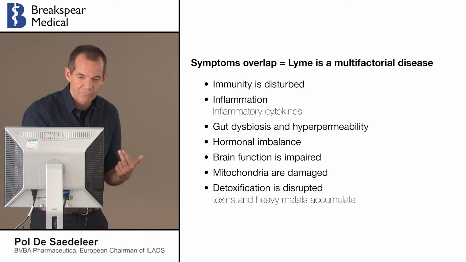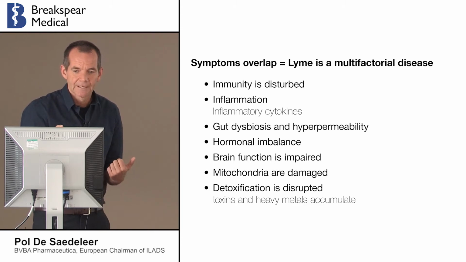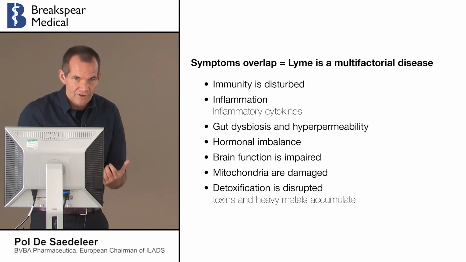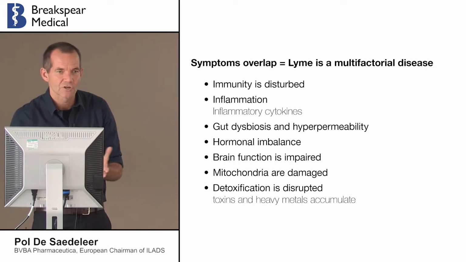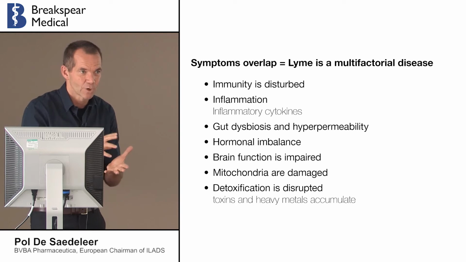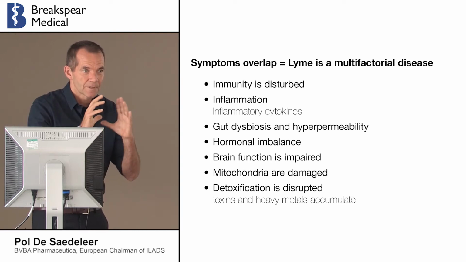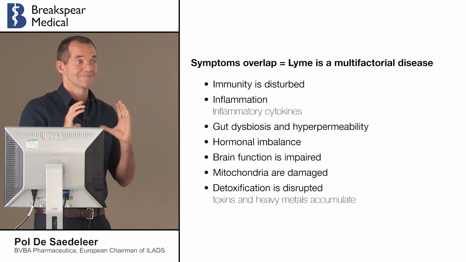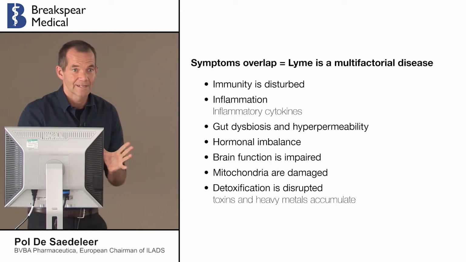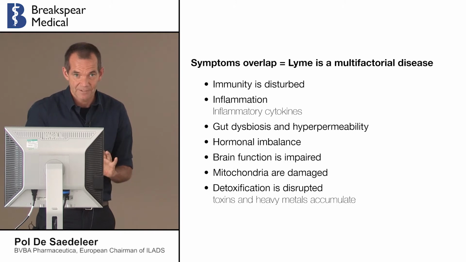Brain function is often impaired. And people usually suffer from fatigue and cognitive problems because our mitochondria are damaged in both conditions. In both situations, we have a lot of free radicals. The free radicals damage our mitochondria, and as a result, we store less ATP energy.